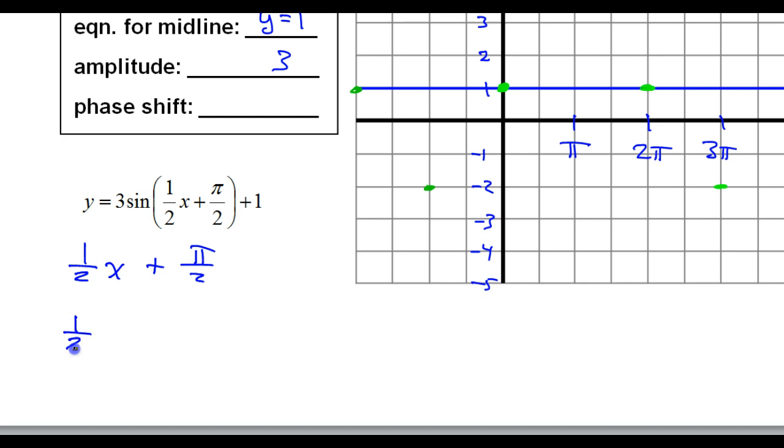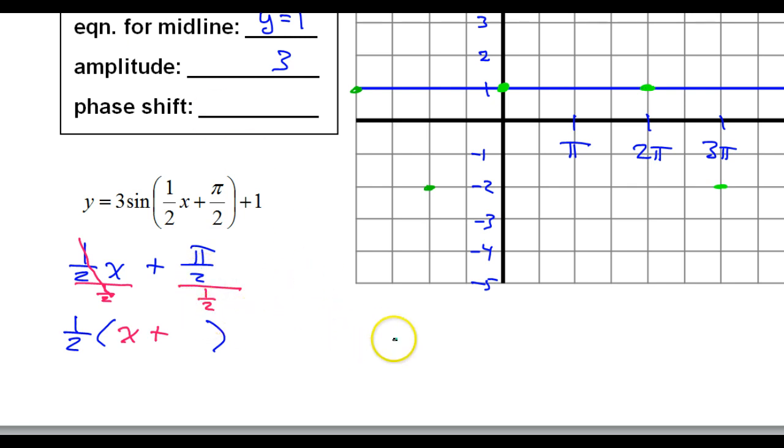So if I can bring this 1/2 outside of parentheses, then I'm going to get my phase shift right here. But the only way to do that is by division. So what I'm really doing is dividing both of these by 1/2. That tells me what I'm going to get on the inside here. So these cancel out, that just gives me x. But to find out what goes here, I'm doing pi over 2 divided by 1/2.